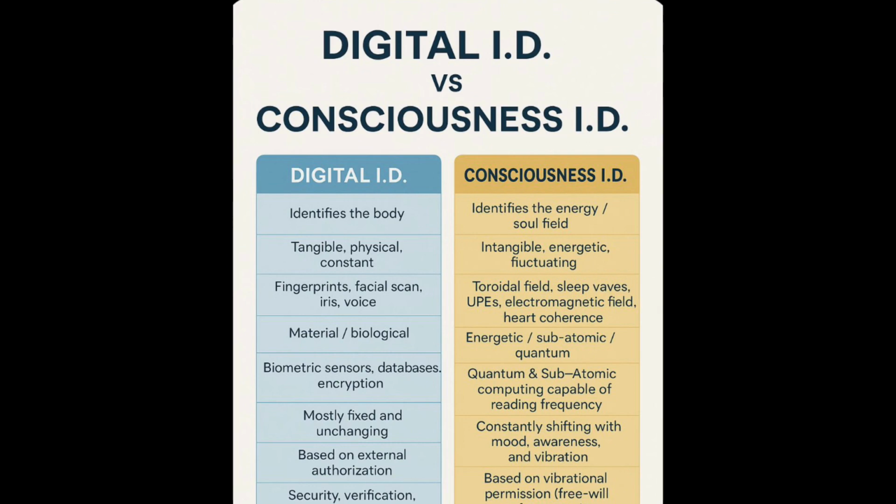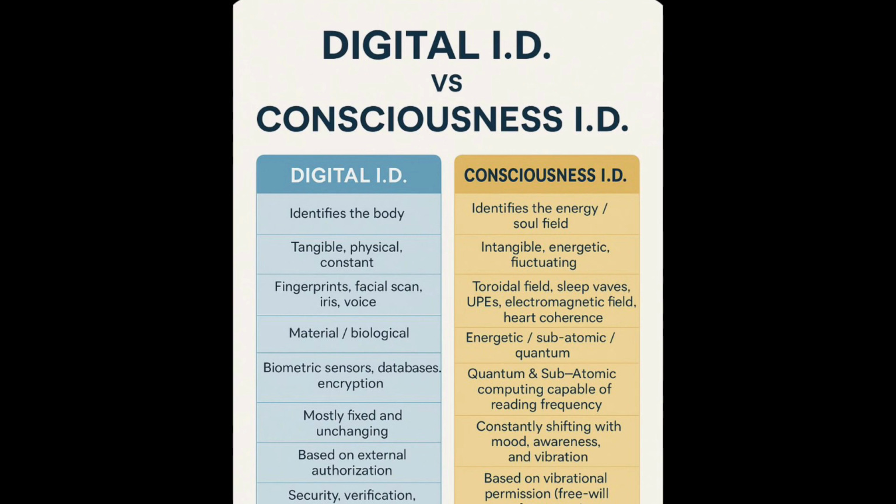So if we go down the digital ID side first, we can see that a digital ID identifies the body. It identifies tangible and physical attributes or constants, such as fingerprints or facial scan, iris or retina display, and voice. It detects material or biological material, and it uses biometric sensors, databases, and encryption.